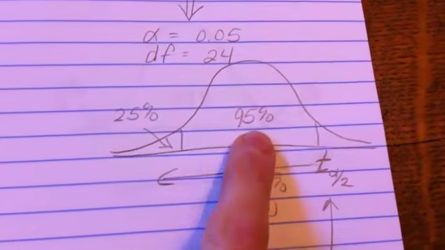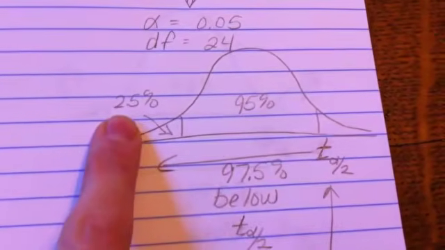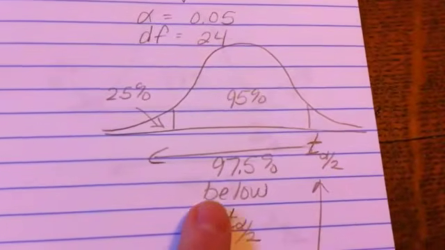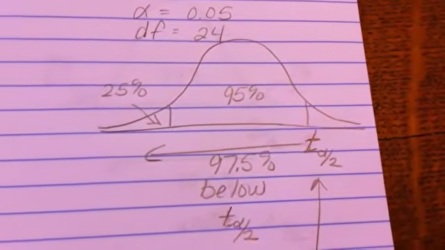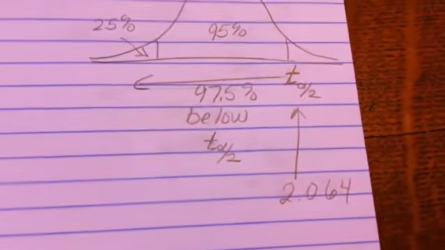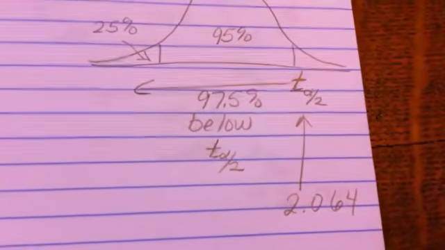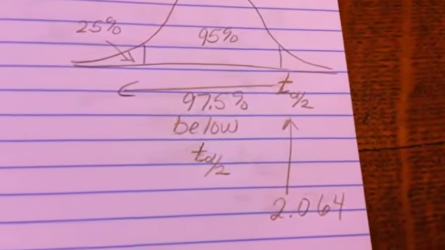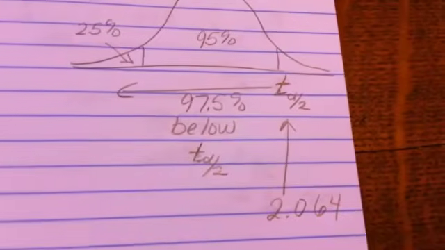So we have 95% and 2.5%, and we want to find the t-value that has 97.5% below it. If you take a look at your table, it would tell you it's 2.064. But we're going to learn how to use our calculator to find what that is.